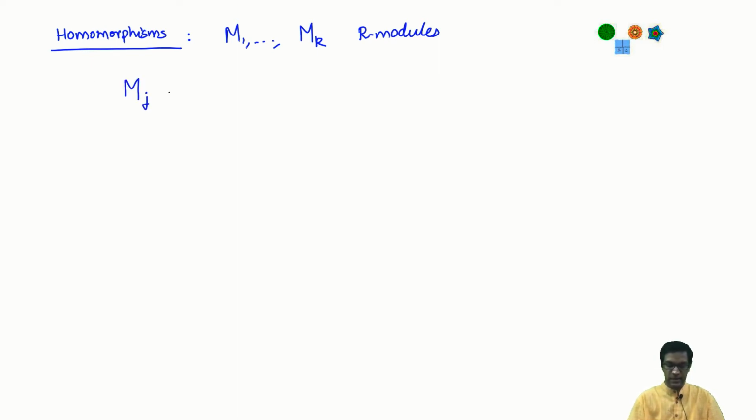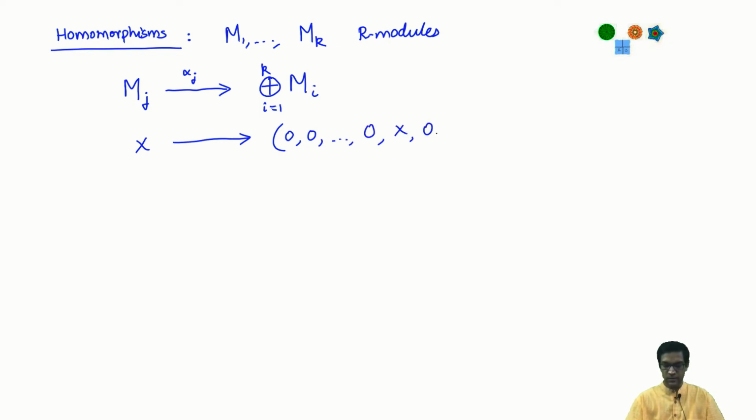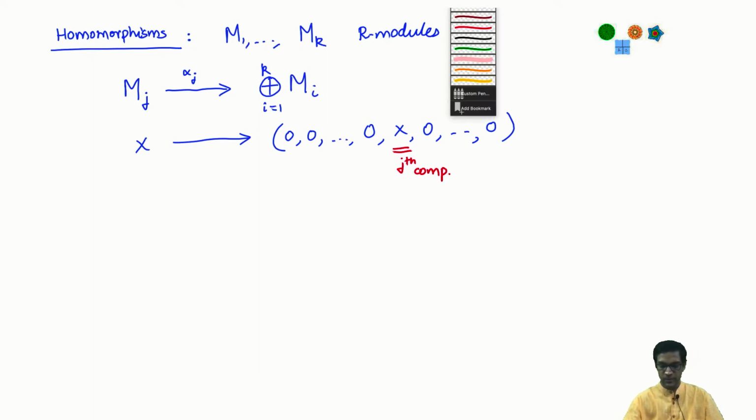Let me take any one of these, and from that I have a map to the direct sum. What's this map? Let me call it alpha_j. This map does the following: if I have an element x in the module Mj, it maps it to the ordered tuple which is 0 in all the other components, except in the jth component alone, which takes the value x. So this is the map from Mj to the direct sum.